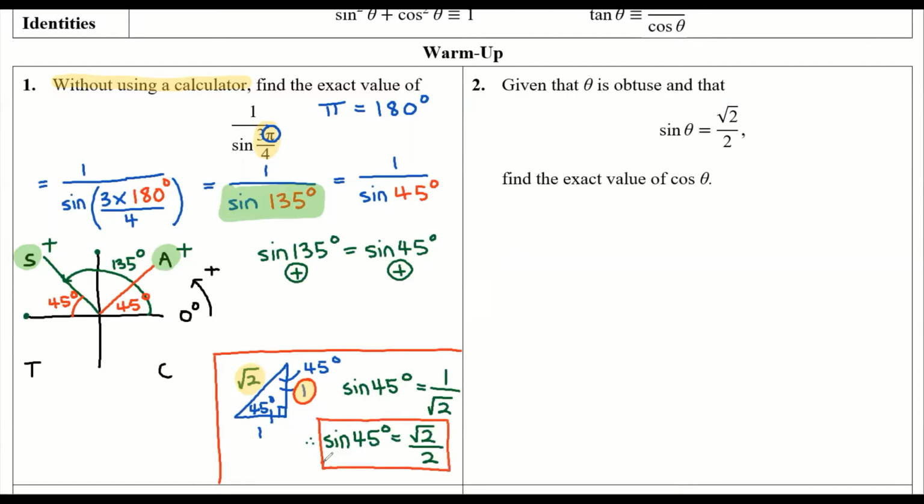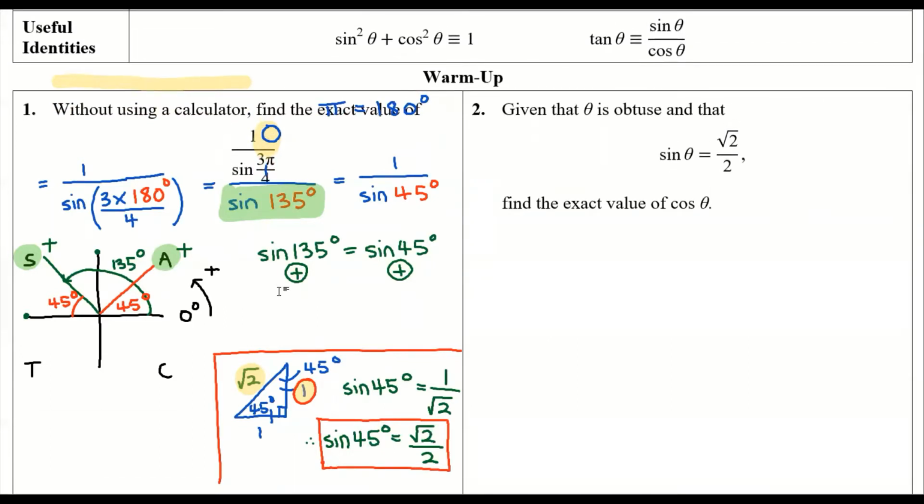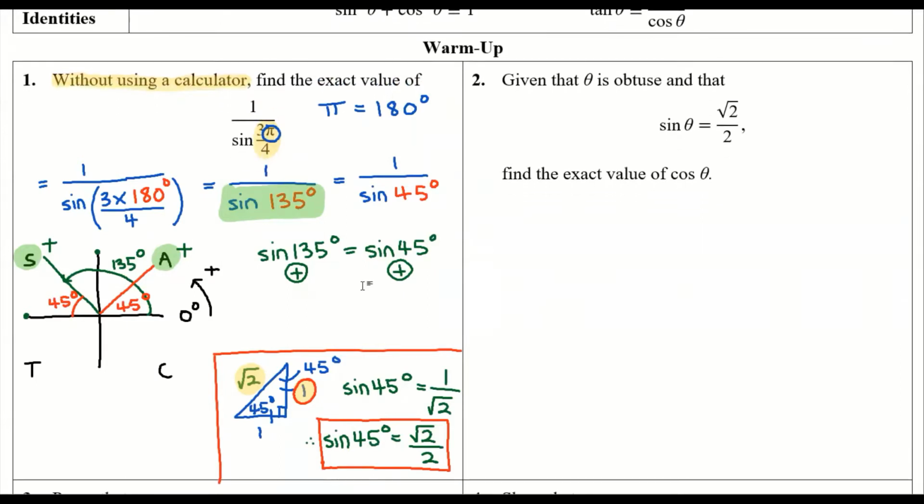All right, now to finish off the question, let's just write the answer down. I'm a bit out of practice with this. So coming down here, 1 over sine of 45 is, of course, 1 over root 2 over 2, which is going to be 2 over root 2.